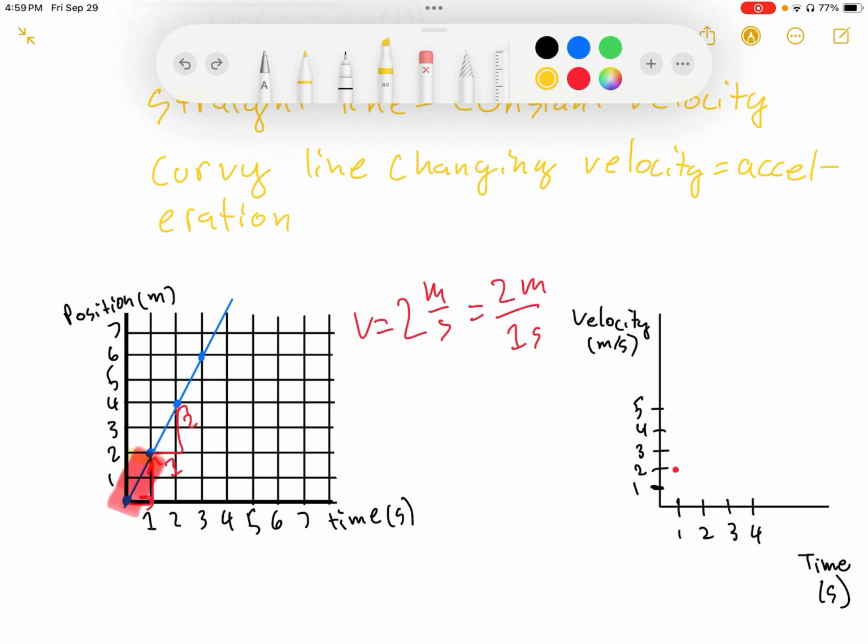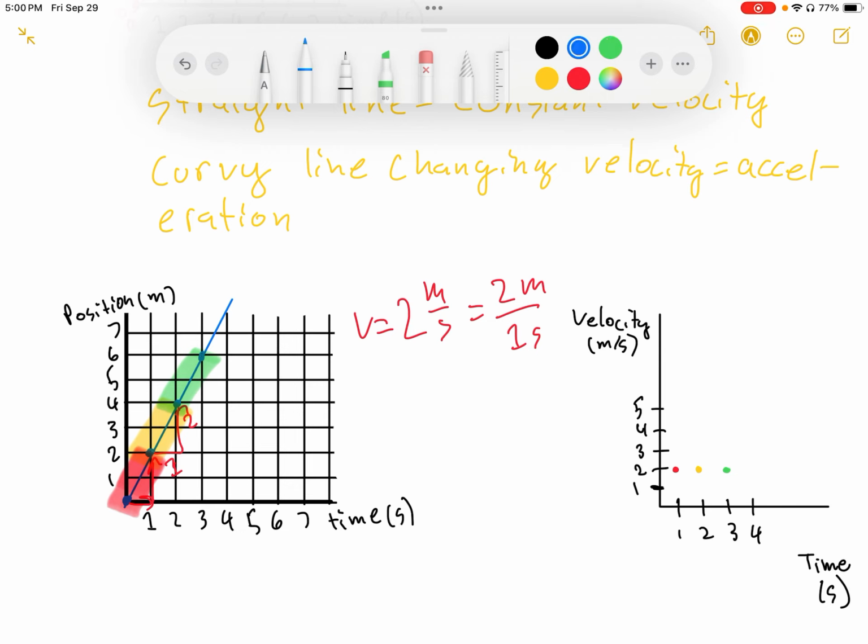My slope didn't change, so it's still 2 meters per second. What's my velocity during this third chunk? Again, it's still 2 meters per second. So we know that this line is flat. So this is what my velocity versus time graph looks like.